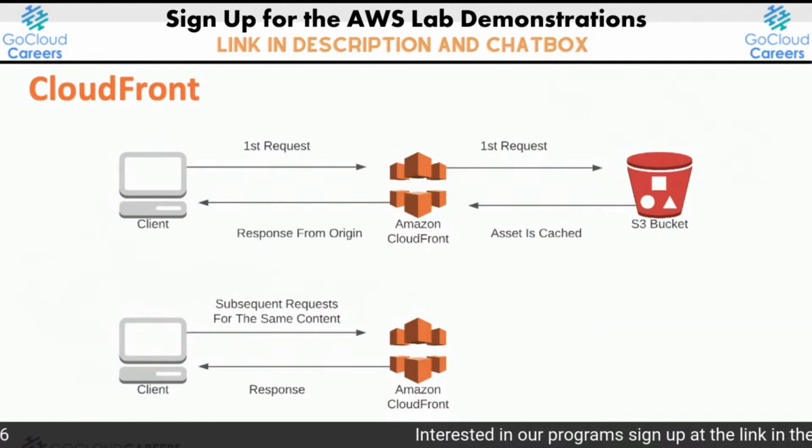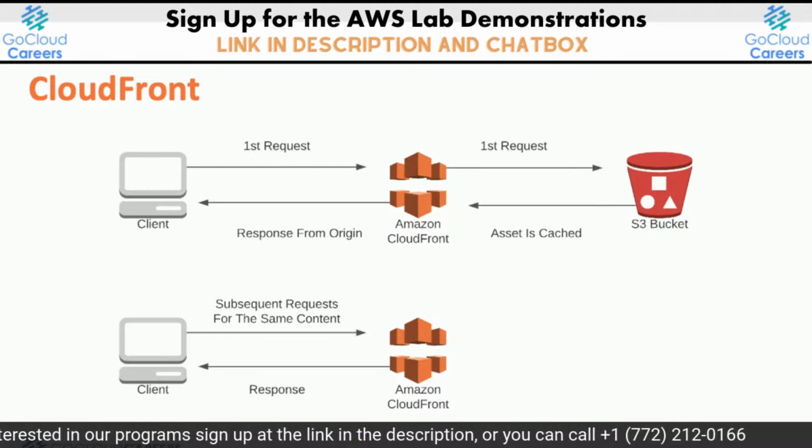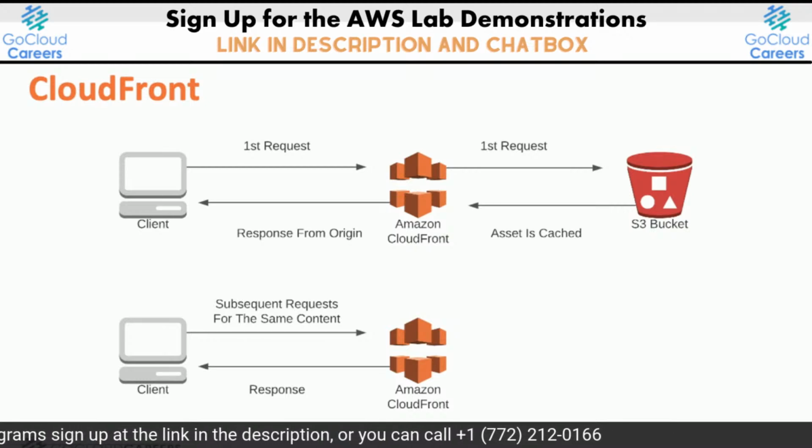Let's walk you through it in the graphics. In this graphic, your first person makes a web request, and it hits the CloudFront location. If it's not at the CloudFront location, it will go to the regional cache.